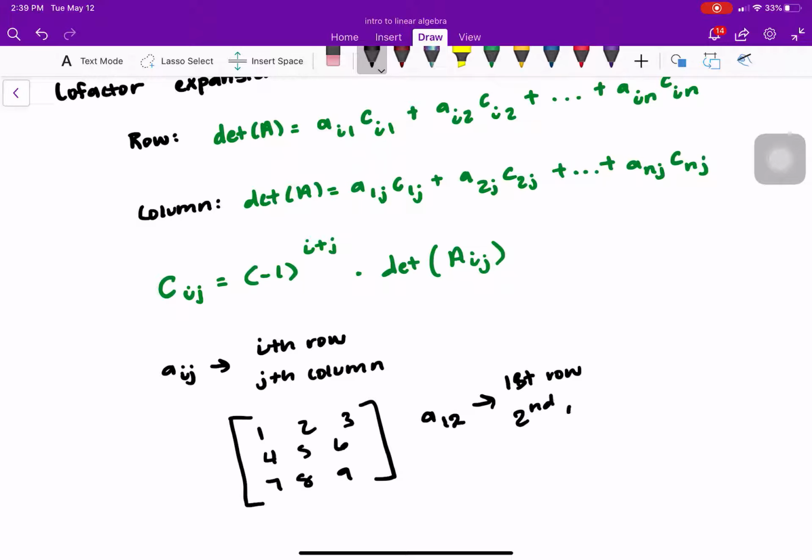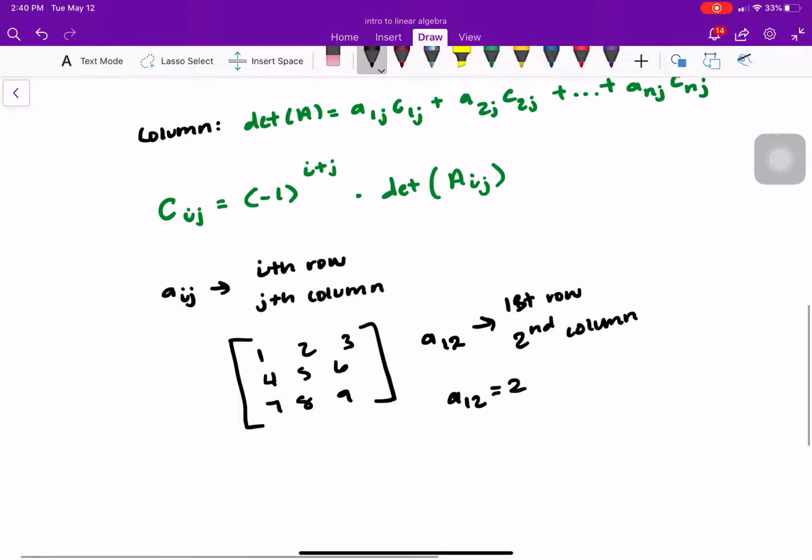So a_12 is 2. Also, a_31 is the third row, first column, which is equal to 7, and so on and so forth.